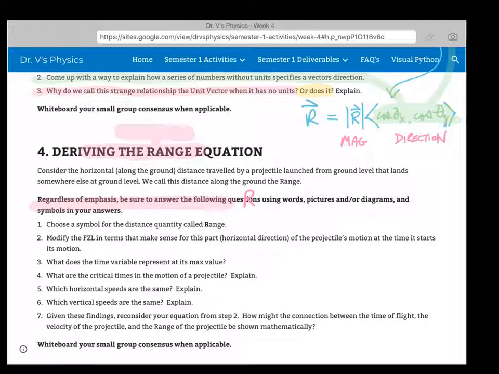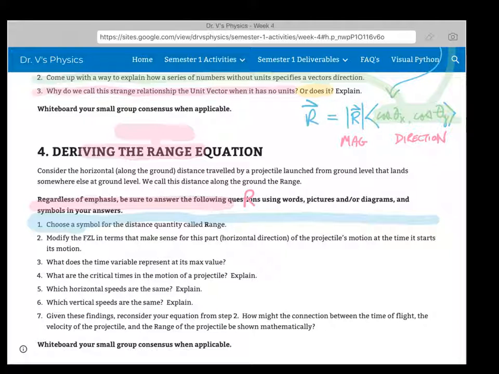Okay, so we have that. Now, modify the first zeroth law in terms that make sense for this part of the projectile's motion at the time it starts its motion.